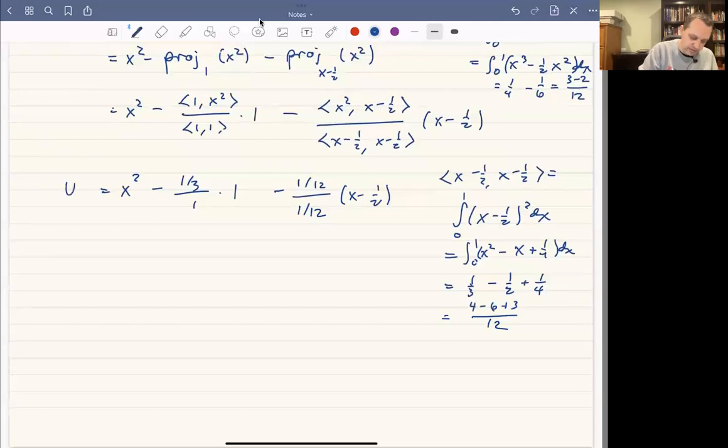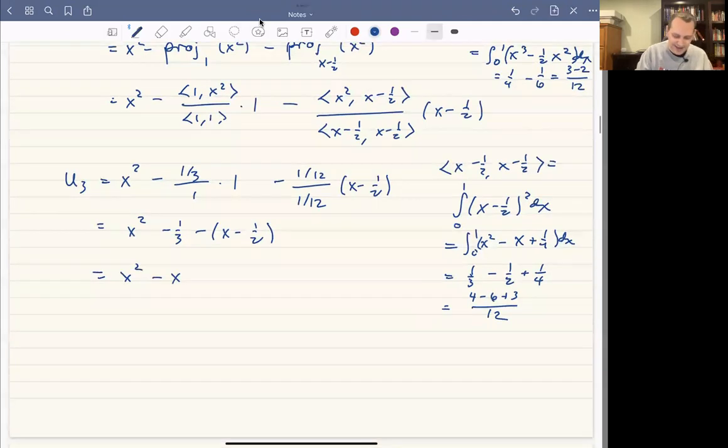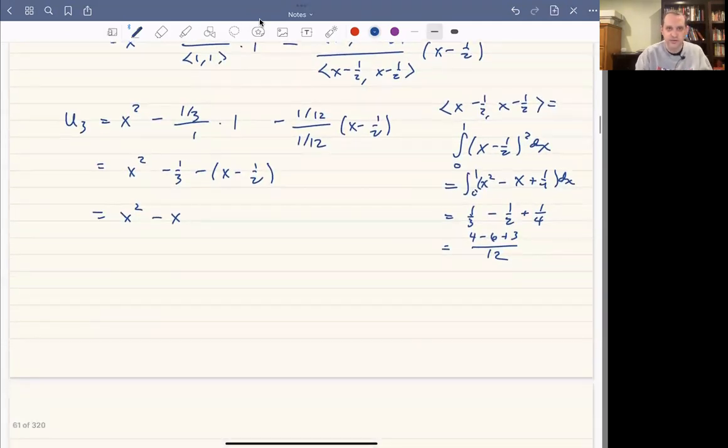So remember, this is U3 that we're computing. So this is X squared minus 1/3, and then minus the quantity X minus 1/2. So altogether, this is X squared minus X, and then plus 1/2 minus 1/3 is plus 1/6.